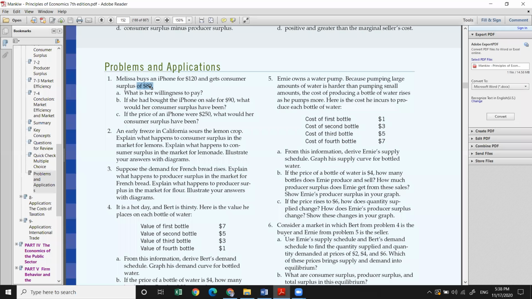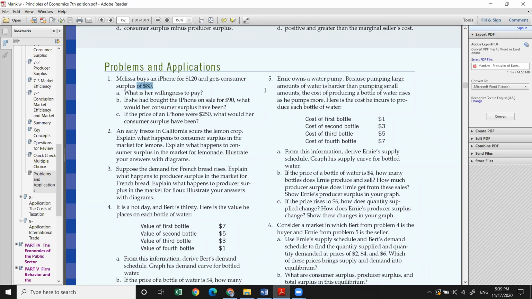So in part A, it asks what is the willingness to pay of Melissa. It's just straightforward. The maximum price that she will pay is the price that she has paid plus the consumer surplus. It will be equal to the willingness to pay. Let me just type it.